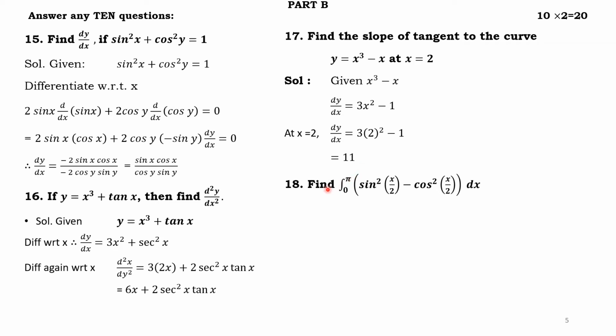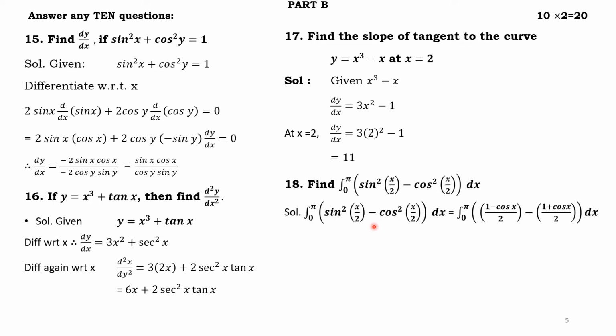Question number 8. Find integral 0 to pi, within big brackets, sine squared x by 2 minus cos squared x by 2, close the bracket, into dx. Please note down the equation. Copy it as it is. On the right hand side, we will substitute the value of sine squared x by 2. By formula we know sine squared x by 2 is 1 minus cos x by 2, and cos squared x by 2 is 1 plus cos x by 2.